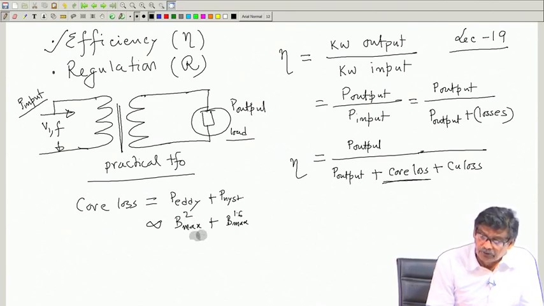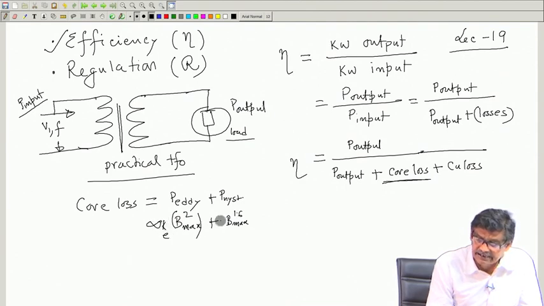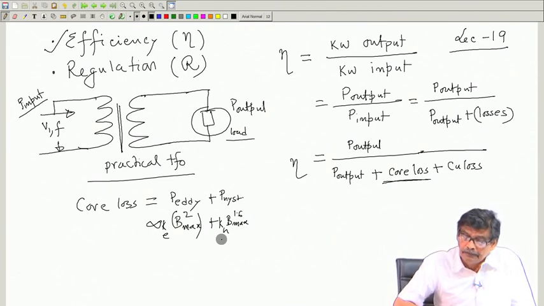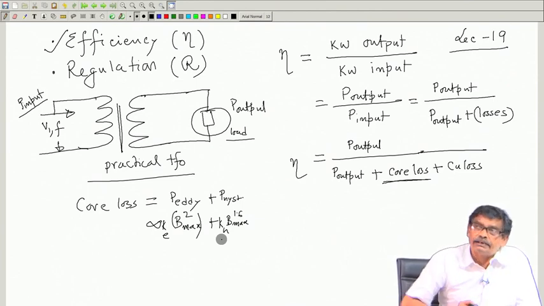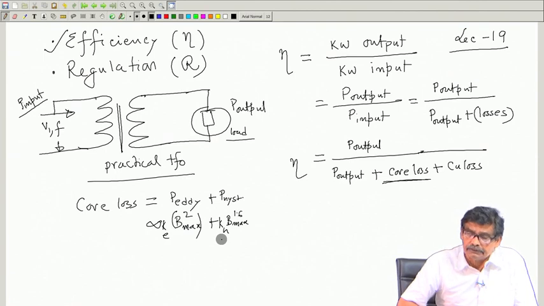So, core loss will be proportional to these things. Of course, the constant of proportionality will be different. I write K E here, K H here, it will be proportional to. So, the level of B max is a crucial factor.